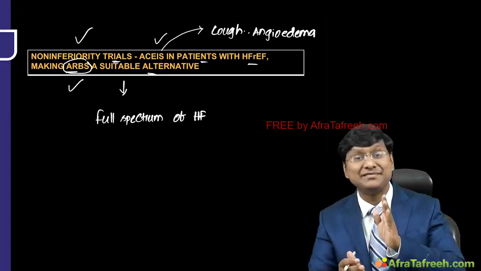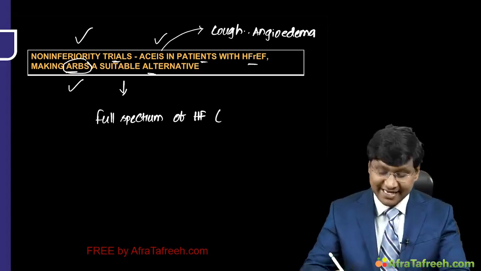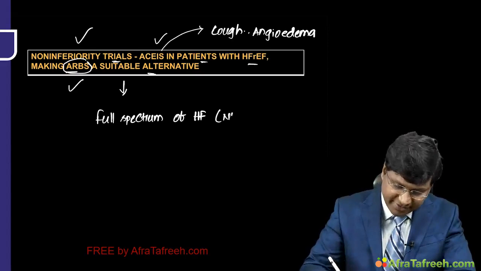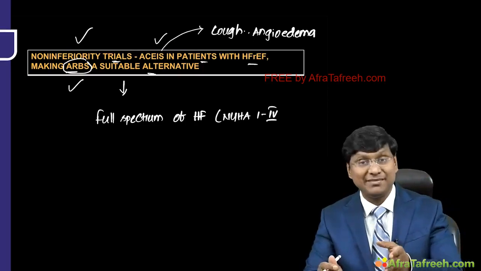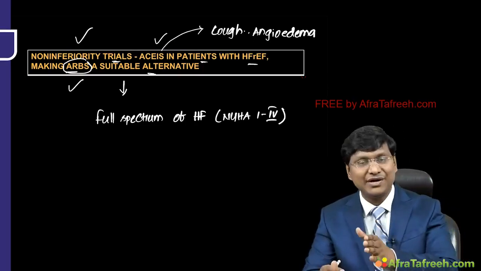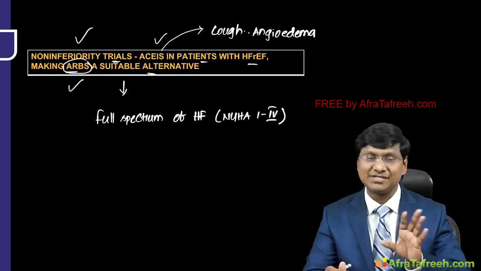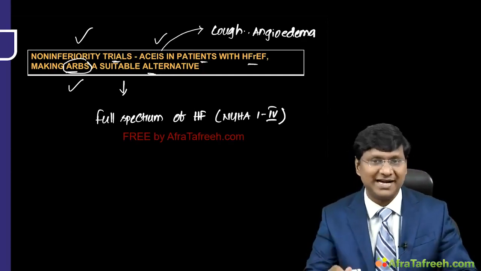What do you understand by the full spectrum of heart failure? That means it is given in all the functional capacities of NYHA, from NYHA class 1 to class 4. Because beta blockers we cannot give when the individual is in NYHA class 4. But ACE inhibitors or ARBs are completely safe drugs in the entire spectrum of heart failure.